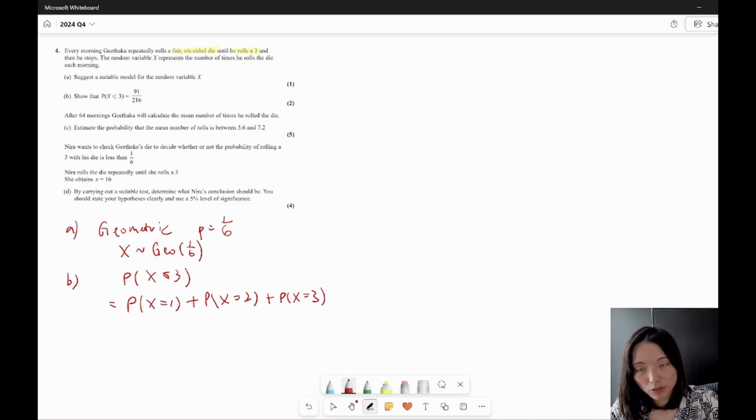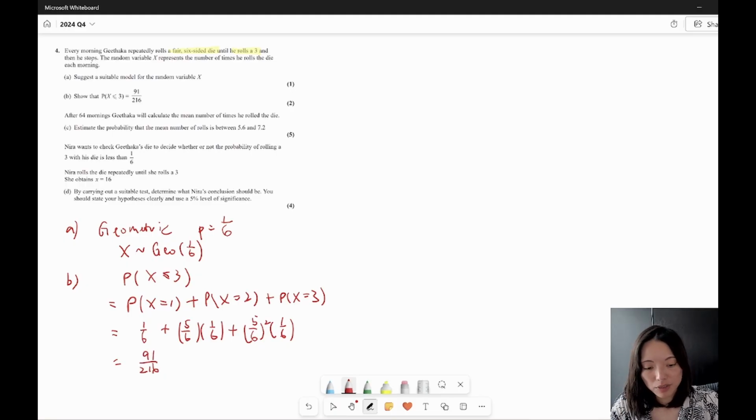For X equals 1, that's just one success, so 1/6. For X equals 2, that means a failure, 5/6, and then a success, 1/6. For X equals 3, that's 2 failures and 1 success, and so on. And therefore, we will get 91/216 by working out these fractions.